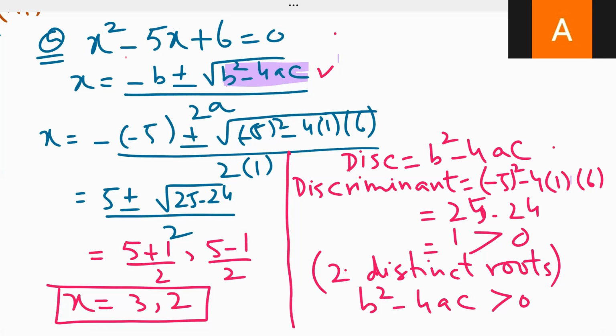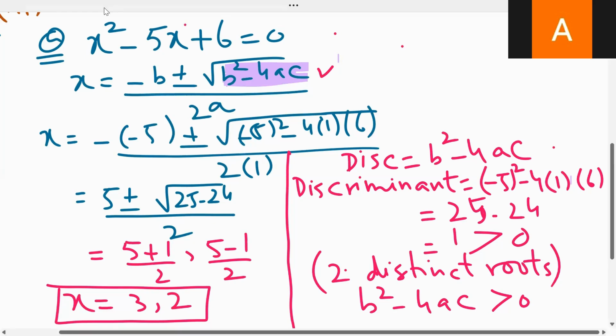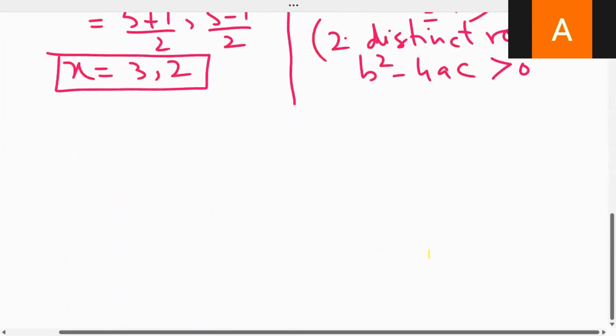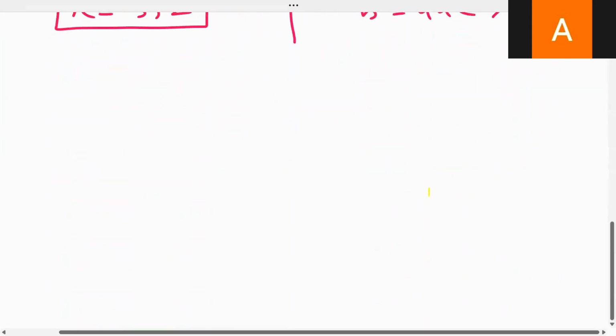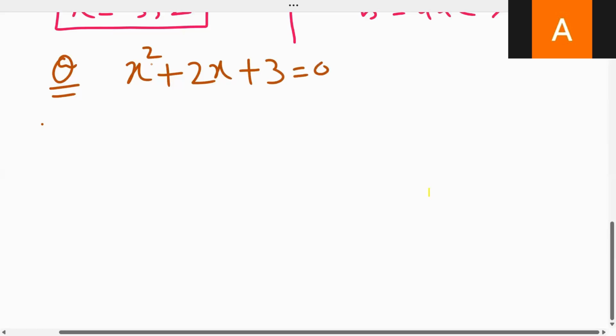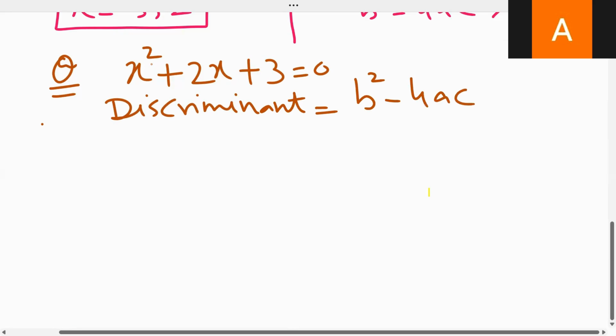So I show you an example. The question is of the type x square plus 2x plus 3 is 0. When you find its discriminant, the expression inside the root in the quadratic formula, which is b square minus 4ac, you substitute values here.